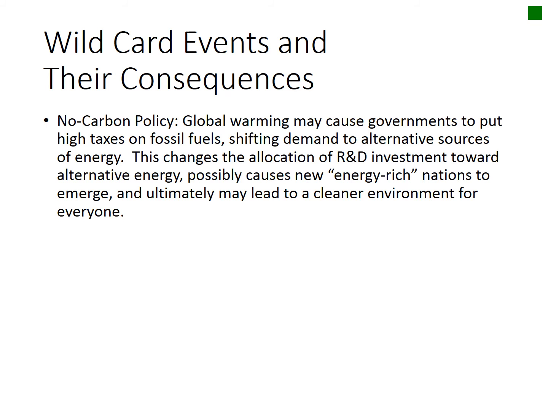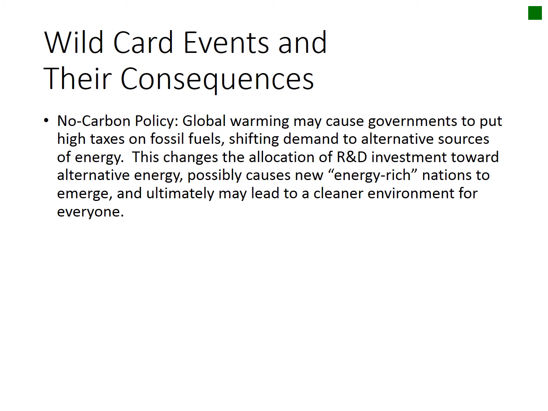There are some examples, such as a no carbon policy. If we fast forwarded 10, 15 years and we were living in a world where carbon emissions were not allowed, what would we do to solve people's problems in that scenario? Again, it's a wildcard event. It's not likely to happen, or it may happen, but the probability isn't very high right now.